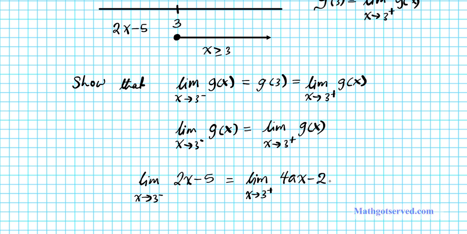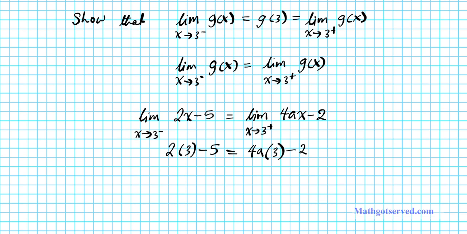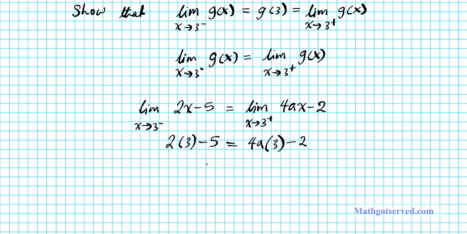So let's go ahead and evaluate these limits. Substitute 3 into both equations. We'll have 2 times 3 minus 5 equals 4a times 3 minus 2. Let's simplify this resulting algebraic equation. We have 6 minus 5, which is 1, equals 12a minus 2.